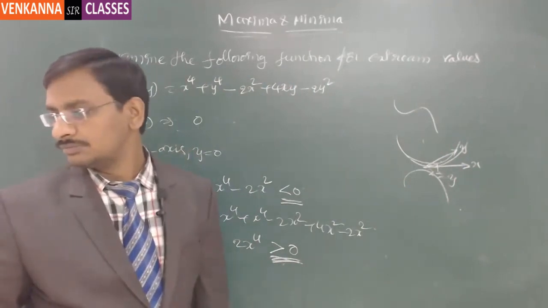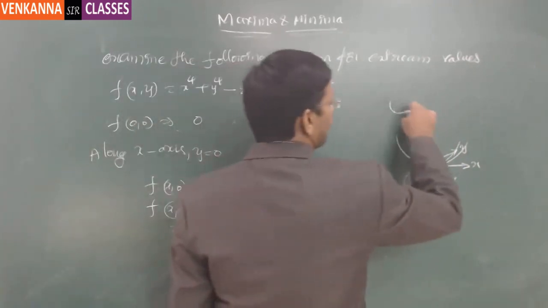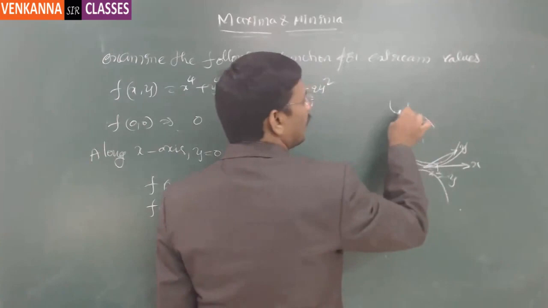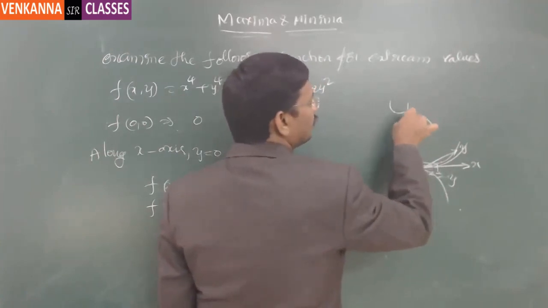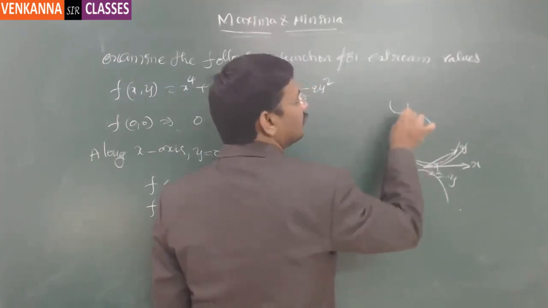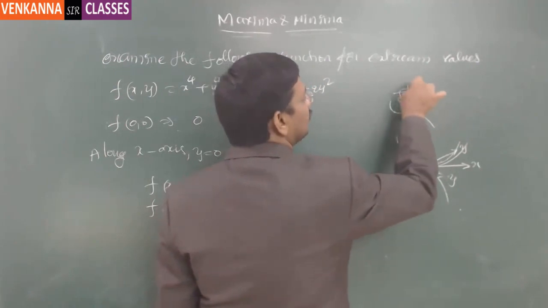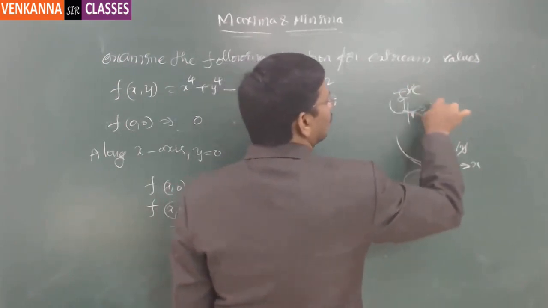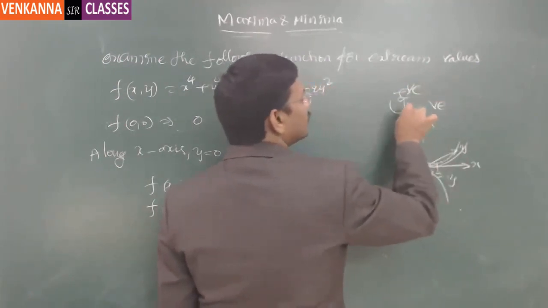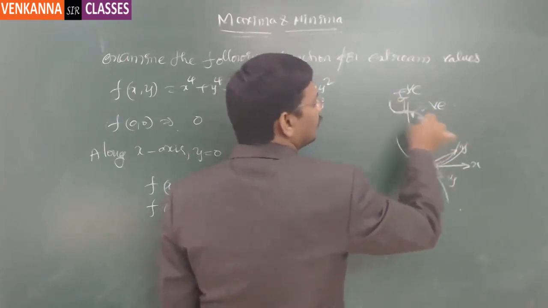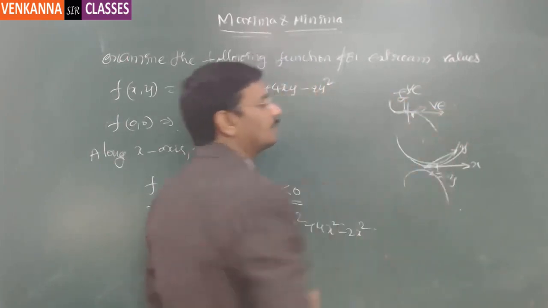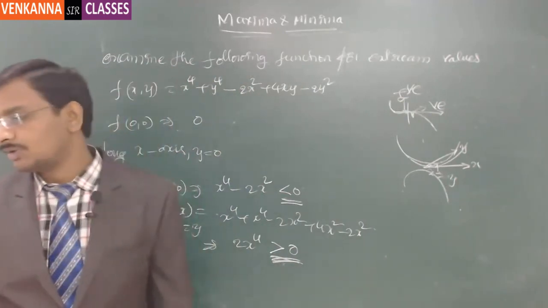Got it or not? So at this particular point, if you notice, this is negative value and this is positive value. So this side is positive and this side is negative. So obviously at this particular point, this is taking turn like this. Tangent may be 0, horizontal, but it is not an extreme value. Correct or not?